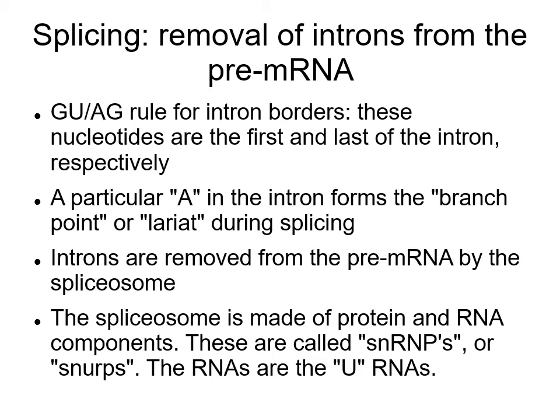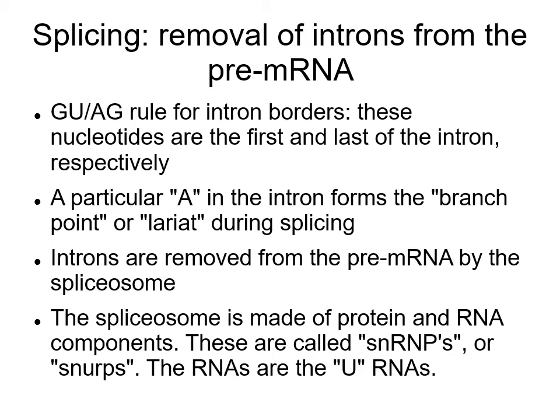So the GU and AG end up getting spliced out with the intron. There's also a particular A within the intron close to the 3' AG, and that will form the branch point or lariat during splicing. The spliceosome is the protein-RNA complex that actually carries out the splicing reaction, and it is made of protein and RNA.